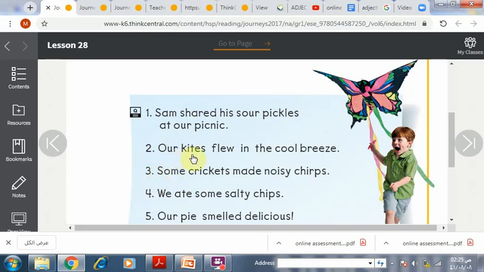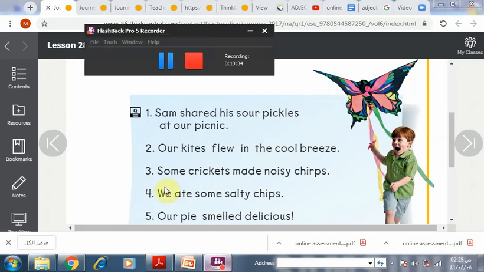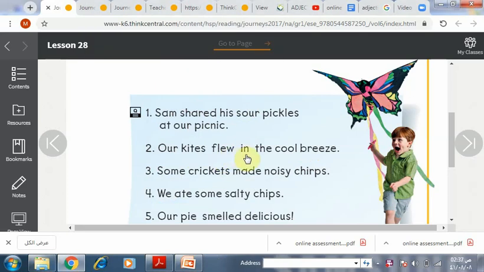Number 2. Our kites flew in the cool breeze. Where is the adjective? Okay, our kites flew in the cool breeze. Where is the adjective here? Describing word.